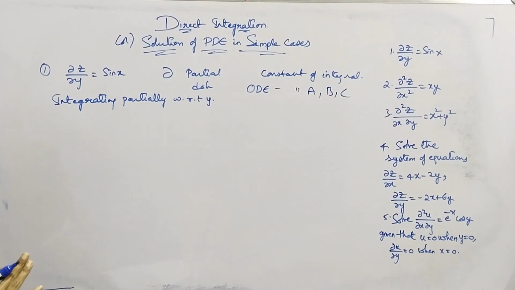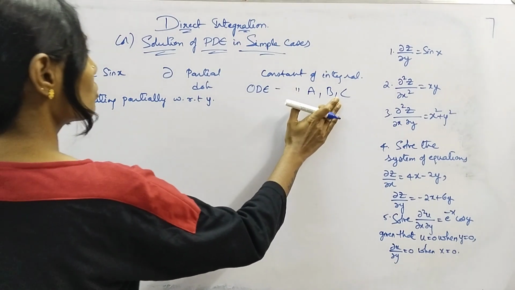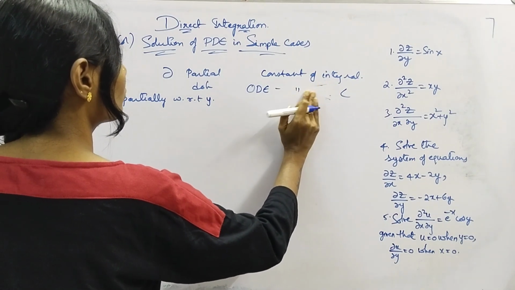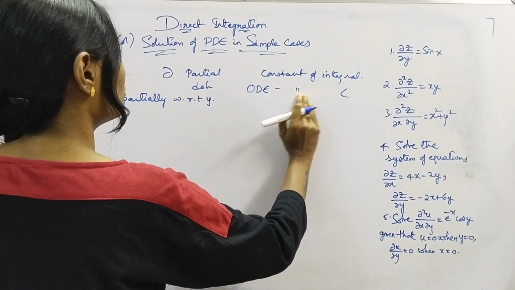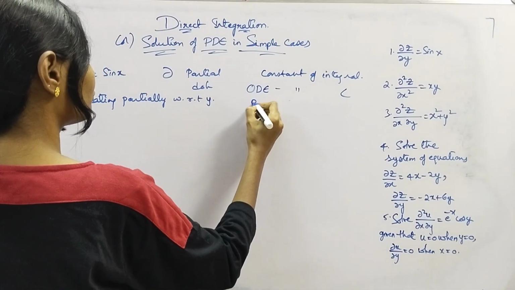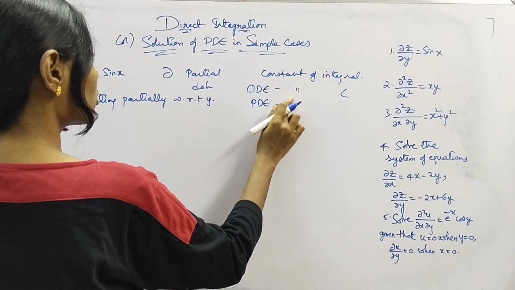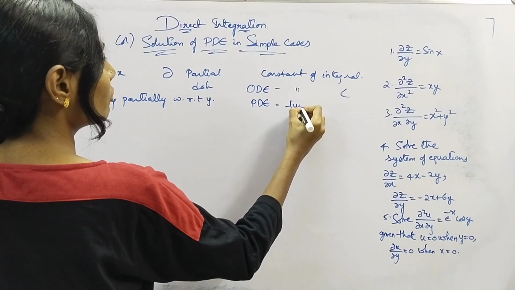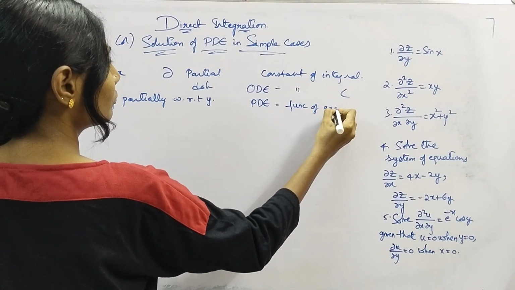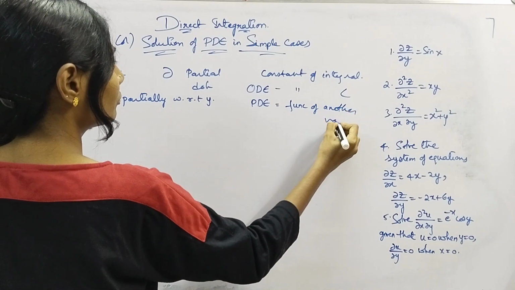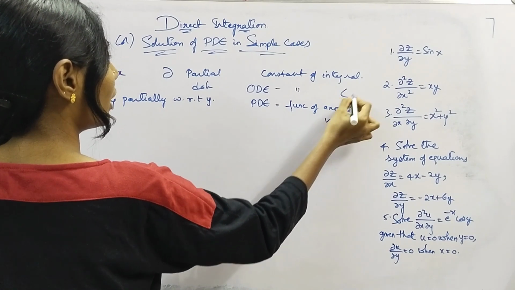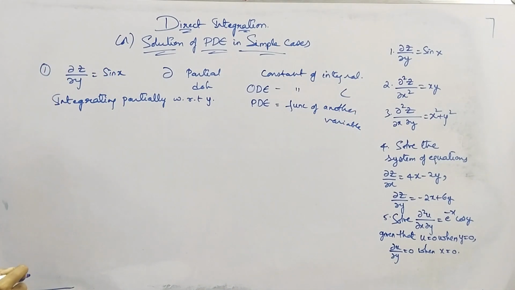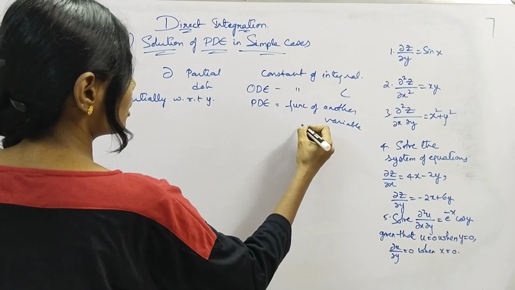We regularly use c. Let it be c. But in a PDE, we'll get a constant of integration which is a function of another variable. Instead of writing c blindly, we'll write the constant of integration as a function of another variable, which is treated as constant.